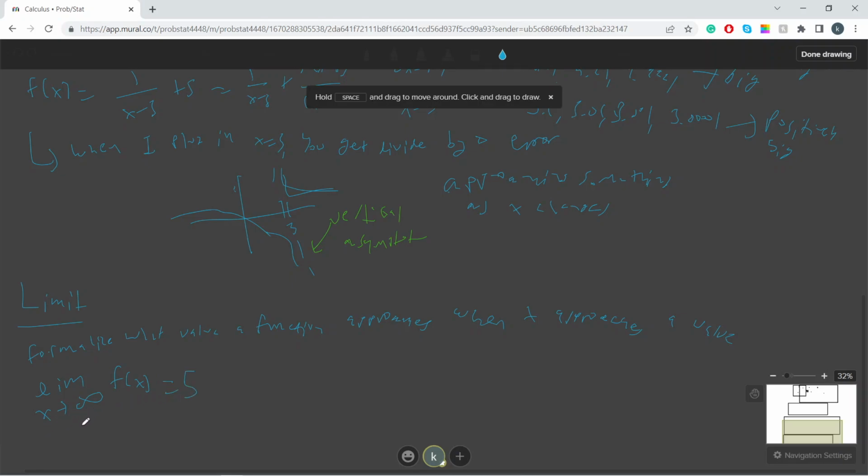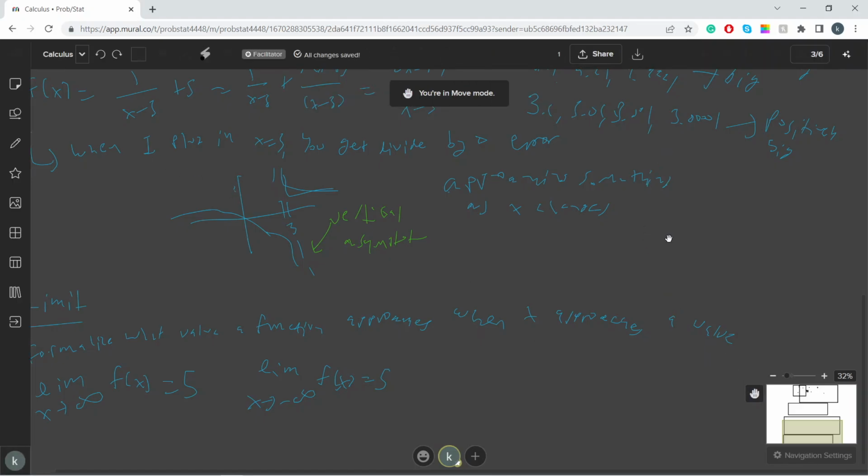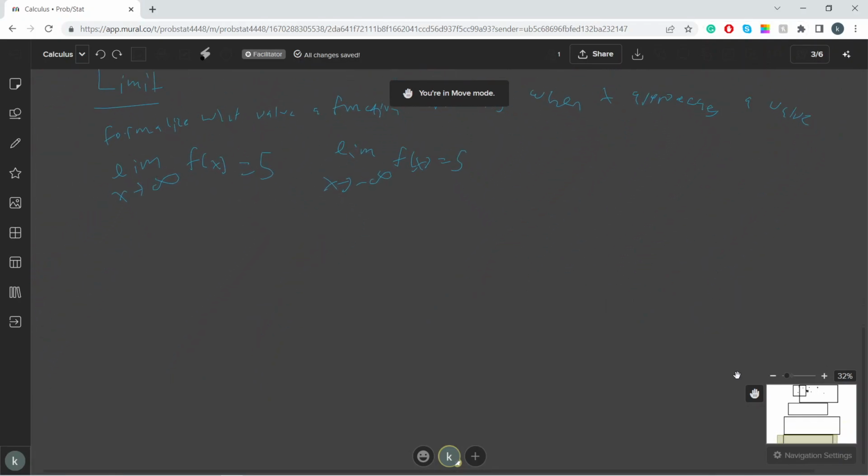This statement is saying when x gets super, super large, f of x will approach 5. And likewise, we can say when x approaches negative infinity, f of x will also approach 5. This is how you can write limits and describe what value a function approaches when x approaches something. And I think with this limit definition, we have a powerful framework to describe if a function is continuous or not. So let's talk about continuity.